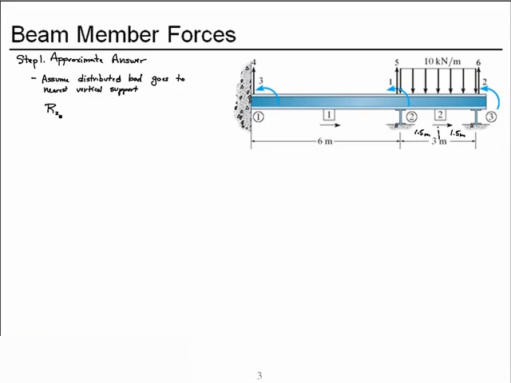So the reaction at node 2 in the y direction will be approximately the distributed load times the 1.5 meters over which it acts, and that's 15 kilonewtons up.